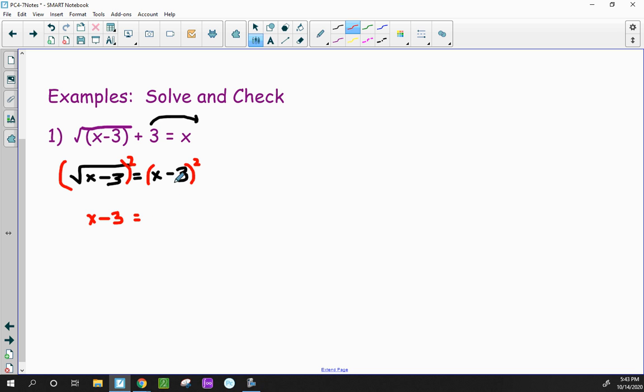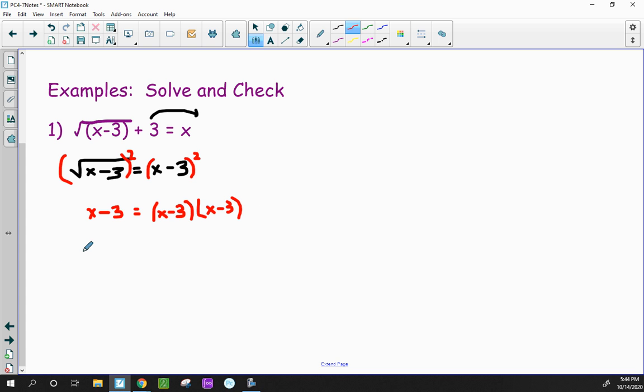On the right side, you have a binomial squared. So it's usually easier to just write it down 2 times, and you'll have to use the FOIL method. Remember, binomial squared, you have to use FOIL. On the left side, you have x minus 3.